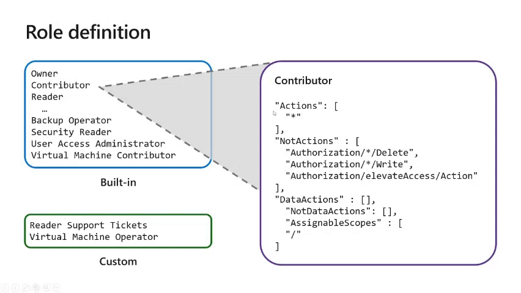Another piece of information, these are built-in roles, predefined roles in Azure. You can also have custom roles which you create, like reader support tickets. It's a long name, but you create specific custom roles according to your application requirements. You just need to specify what actions it can do, what actions it cannot do, all that thing.